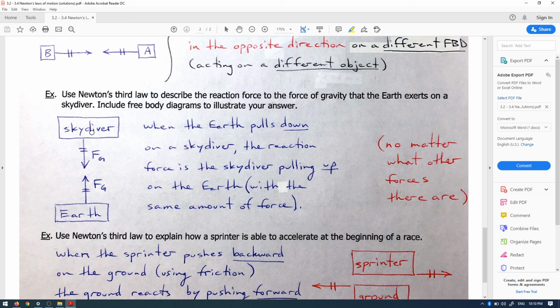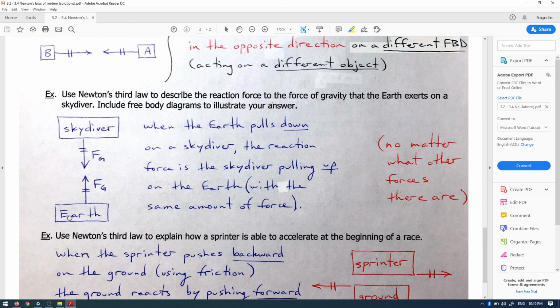Now, students might be confused. How could a skydiver be pulling on the Earth? The Earth doesn't move. Well, the skydiver is pulling, but you have to remember that the Earth is way more massive than the skydiver. So the Earth isn't going to move because the skydiver's pull is not strong enough. If it moves, it's very infinitesimally small.